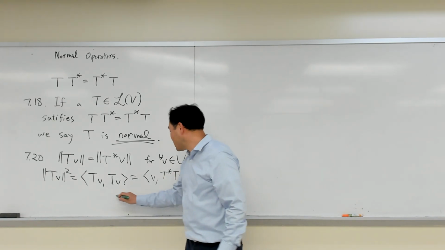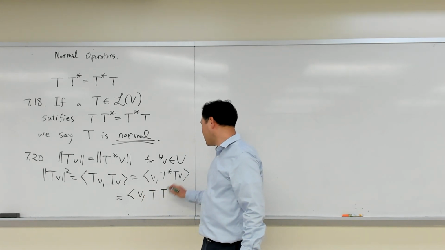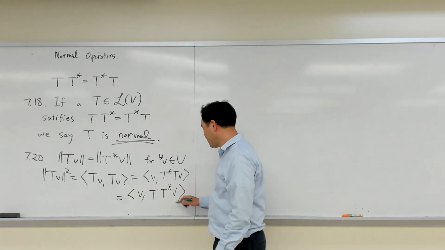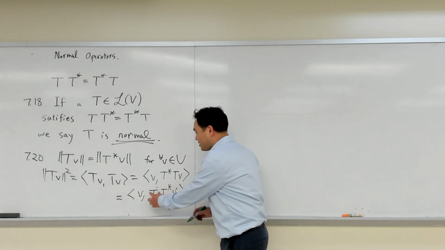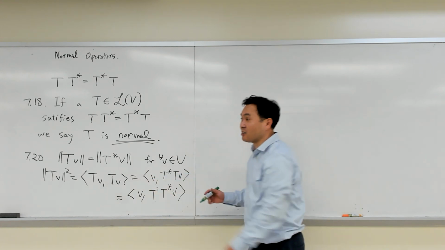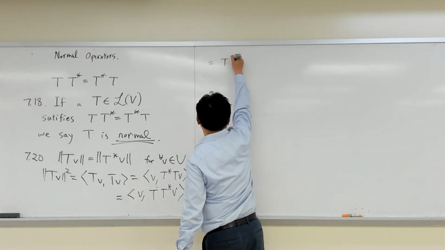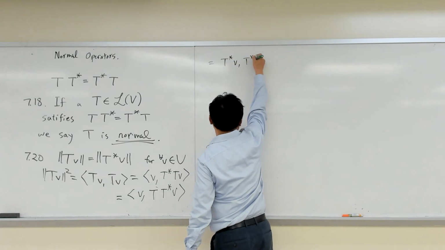So I can rewrite this as T T star v. But then this T here, I can move it to the other side by using the adjoint, writing it as T star. So that gives you <T*v, T*v>.